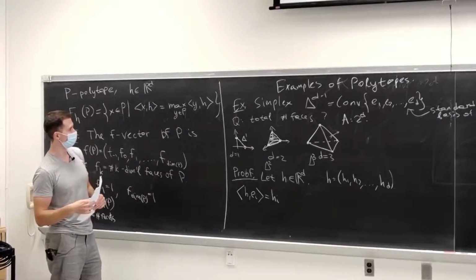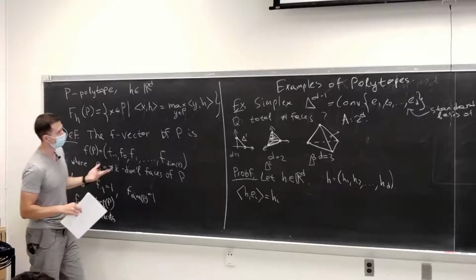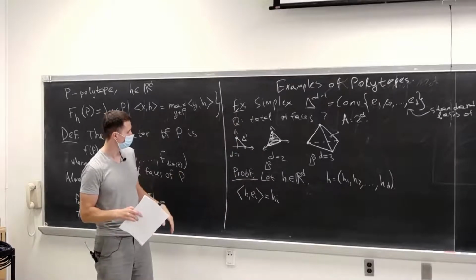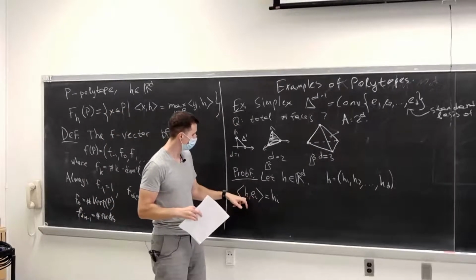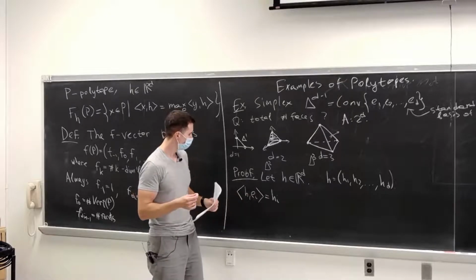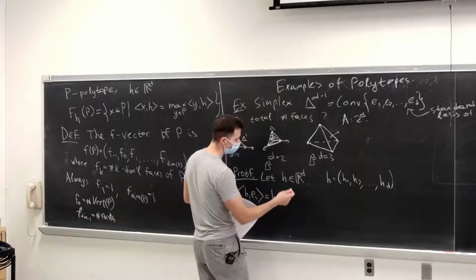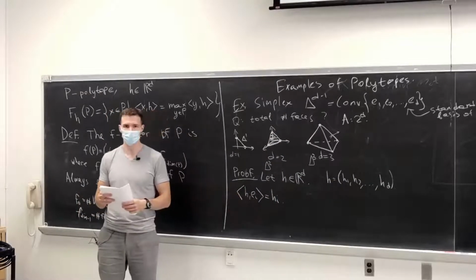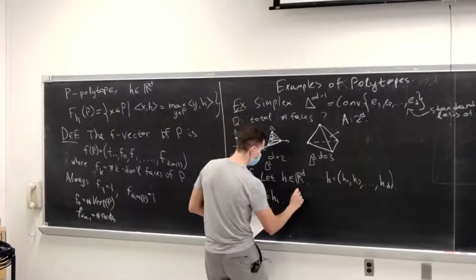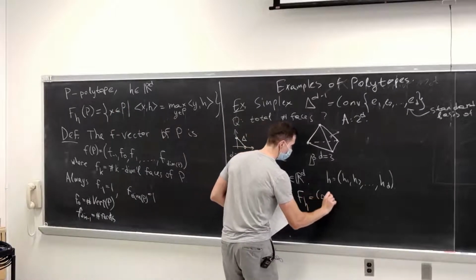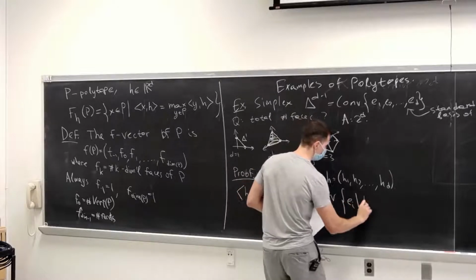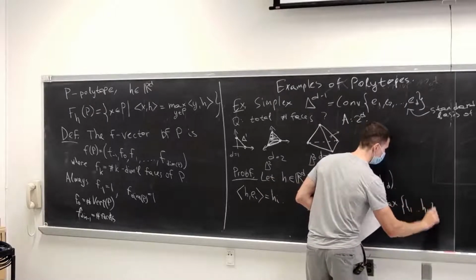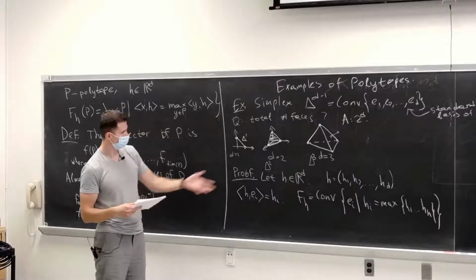So if I want to find a vertex, remember, if a polytope is given as a convex hull of points, then the vertices are the ones that maximize the dot product with a given H. In general, if you have several coordinates which are maximal, then the face is going to be the convex hull of the corresponding vertices, e_i where H_i is the maximum. Okay, yeah, that's a correct description.